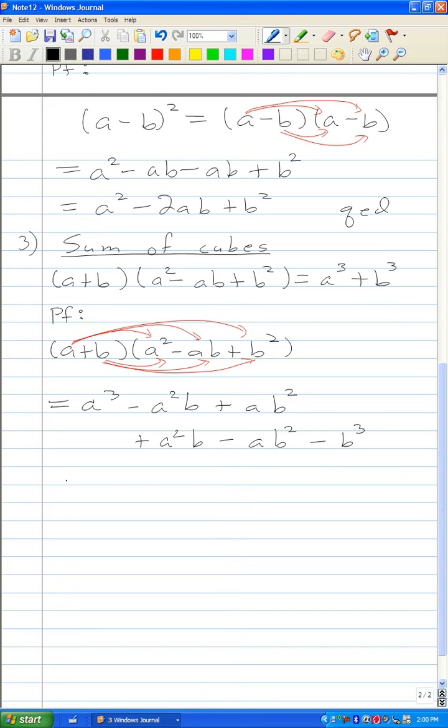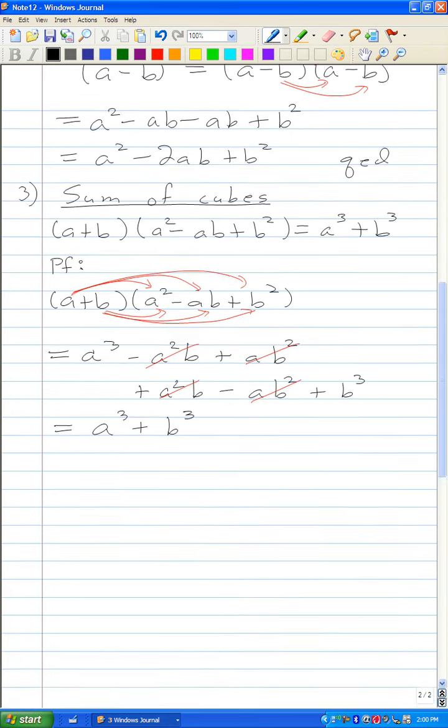So that's equal to, well, the a squared b and ab squared terms cancel. So you get a cubed plus b cubed. Oops, the last sign was wrong. Plus b cubed.